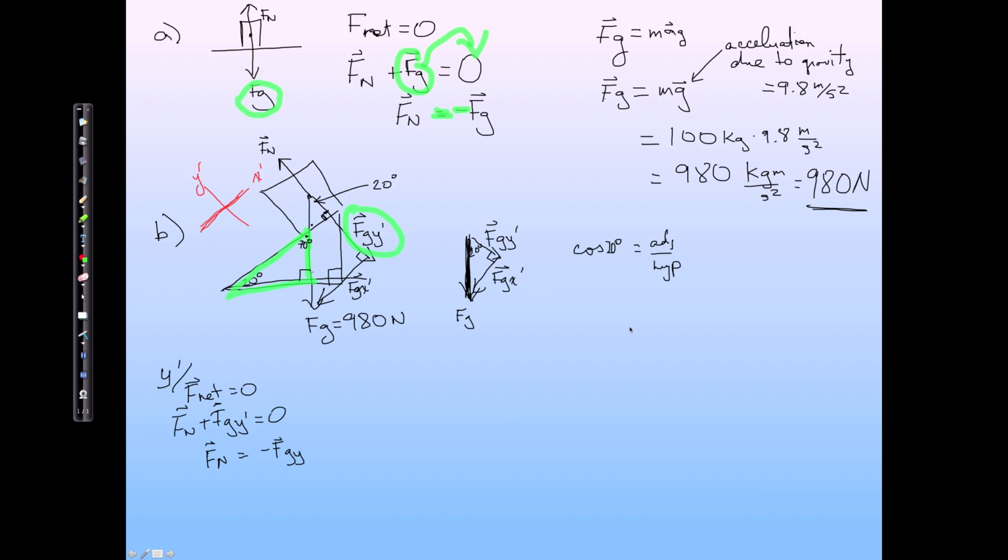In this case, the adjacent side is synonymous with FGY prime, and the hypotenuse synonymous with FG. So if we want to know what FGY prime is, we can solve for that. FGY prime, then, rearranging this equation, is equal to FG cos 20 degrees.